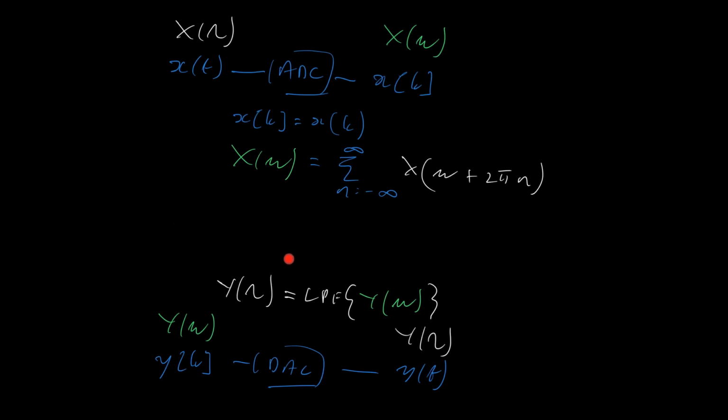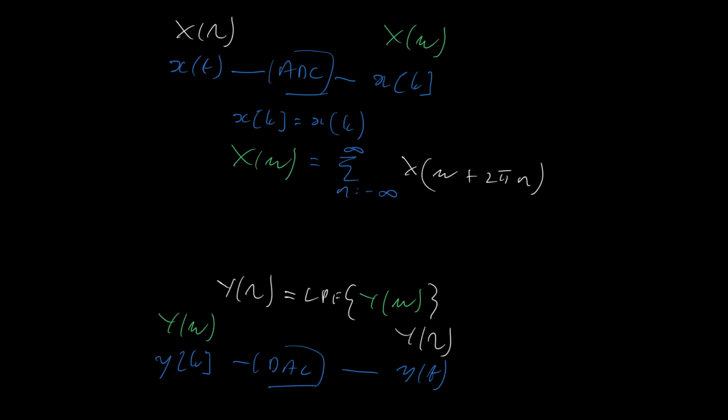If we did want to write down an equation for y of t, that would be given by sinc interpolation that we discussed before. If, for brevity, someone asks about the relationship between the Fourier transform and the discrete-time Fourier transform, then they have this picture in mind here of how we go from a continuous time signal, we sample it, we then process it, we go back again, and we want to understand from the Fourier transform to the discrete-time Fourier transform what happens when we sample, and that's given by these two equations here in the time domain and frequency domain.